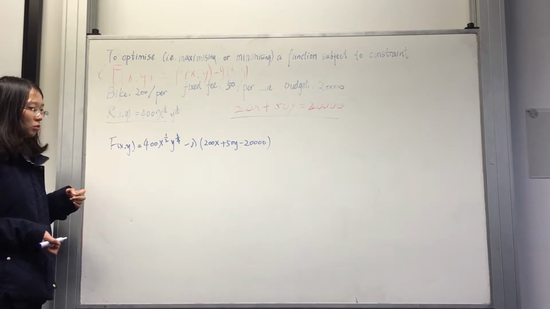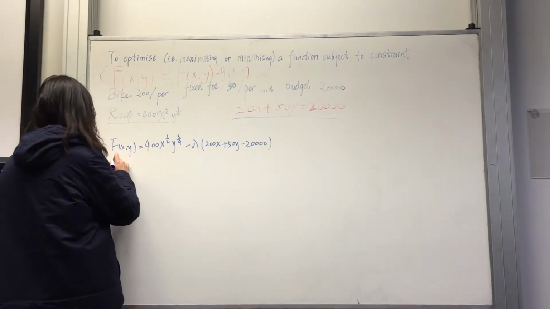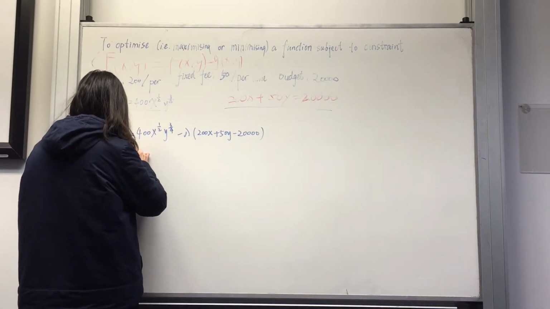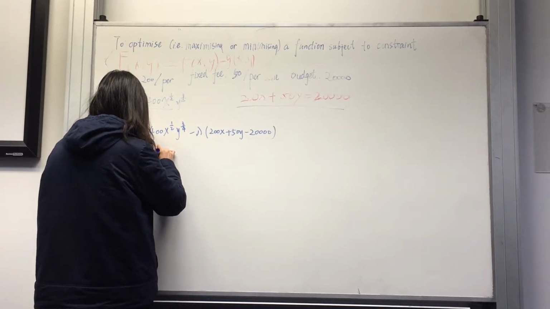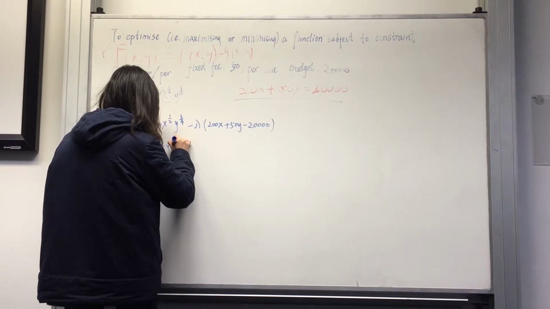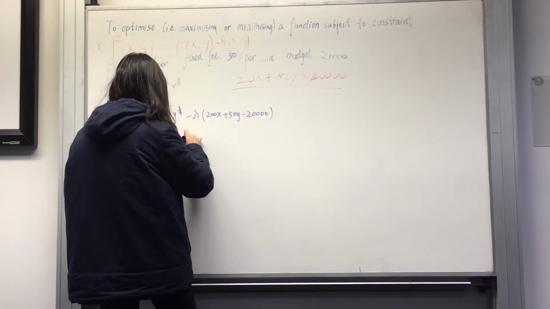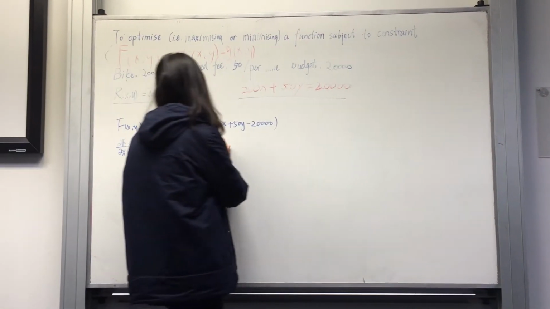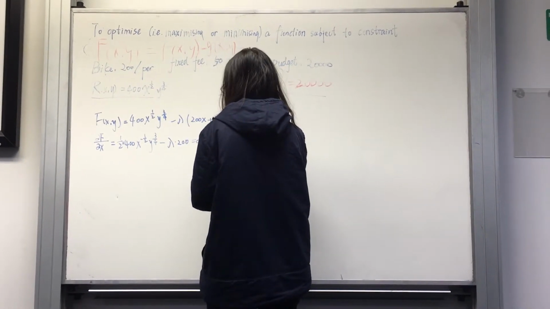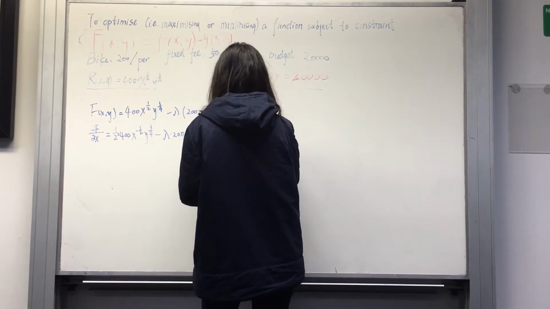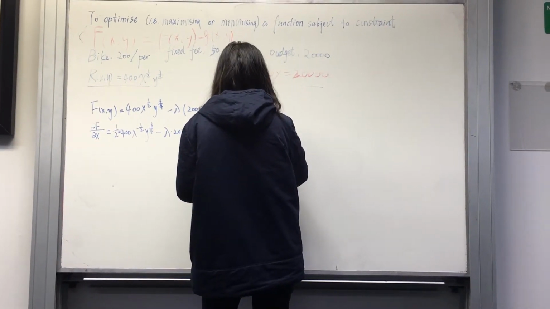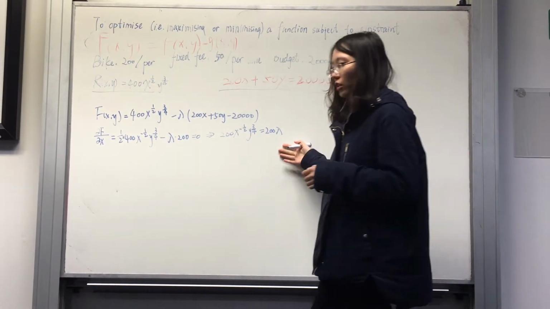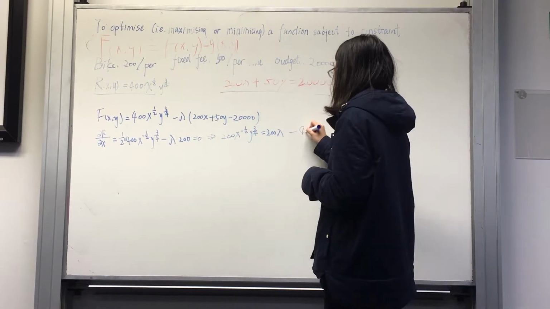First we take the partial derivative with respect to x, set it equal to 0, and simplify it. We will call this function 1.